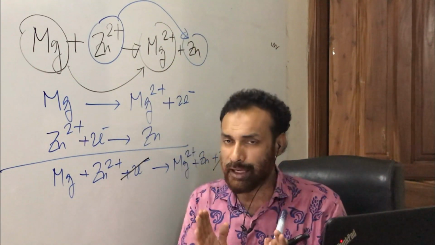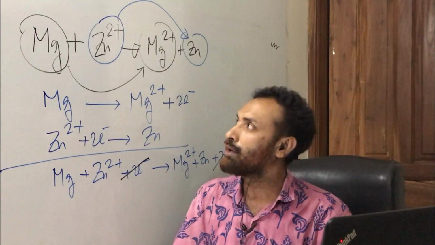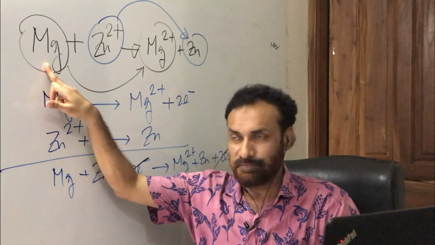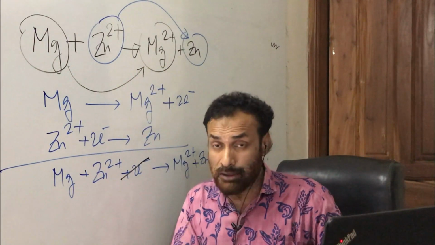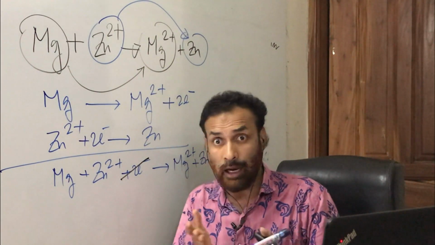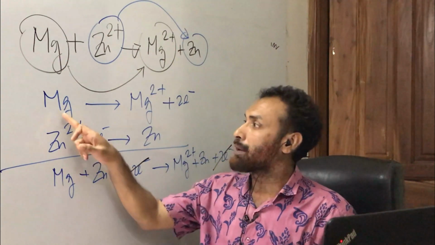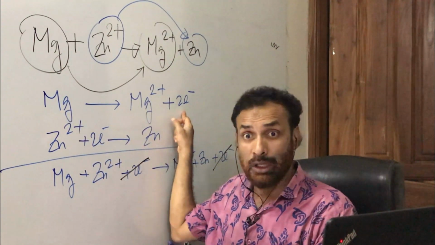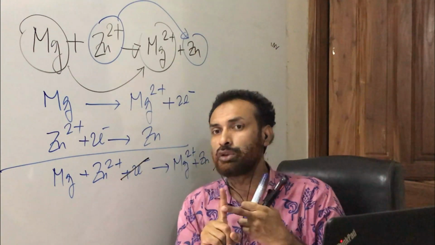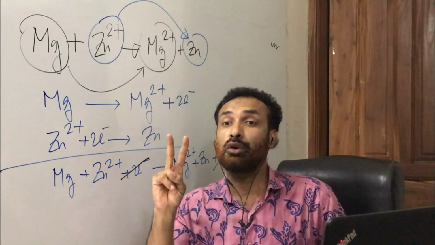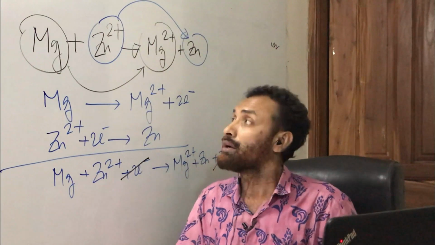And you just apply this sense to this reaction. What happens to magnesium? Magnesium is oxidized by losing electrons. Now, its job is to lose electrons, but it gets two roles, two identities.